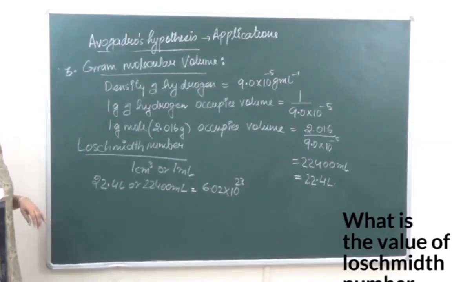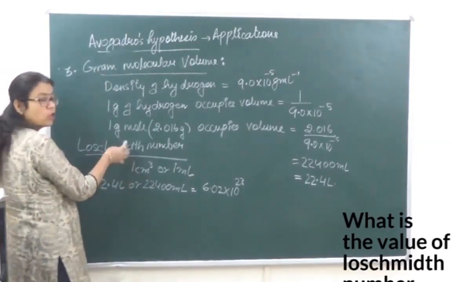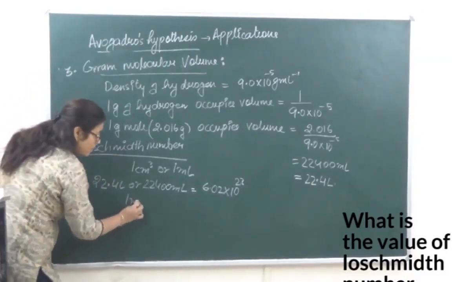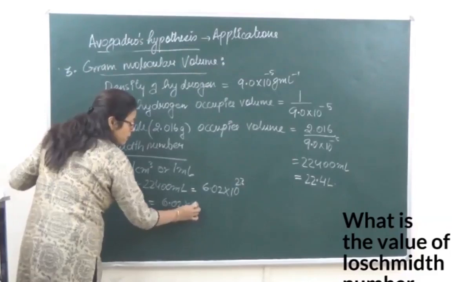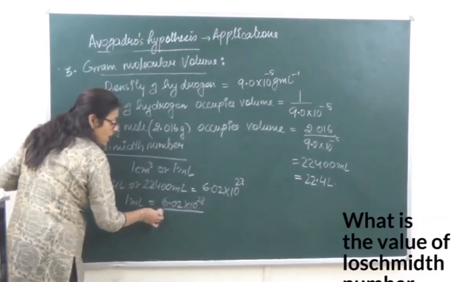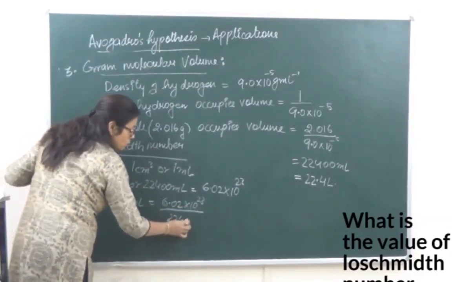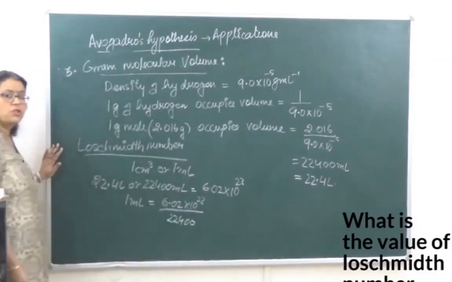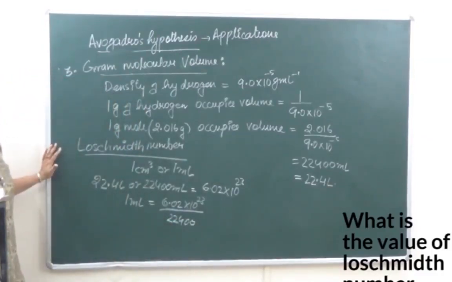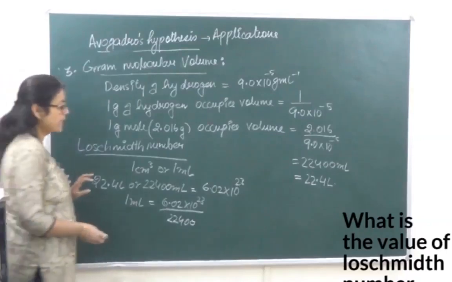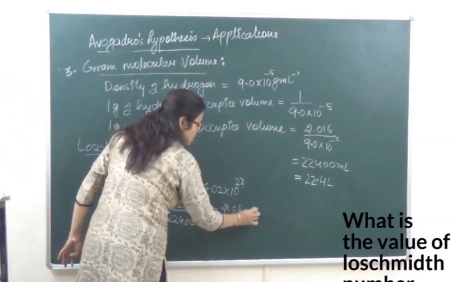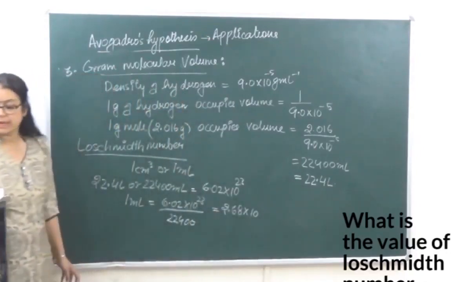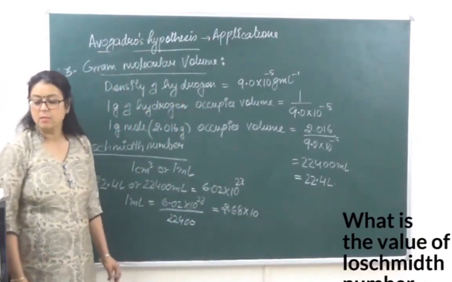So 1 ml में कितने प्रेजेंट हो जाएंगे, जो कि लॉस्टमेट नंबर है? In 1 ml it will be equal to 6.02 into 10 raised to power 23 upon 22400. ठीक है, और जब आप इसको कैलकुलेट करते हो तो ये आता है 2.68 into 10 raised to power 18 molecules.